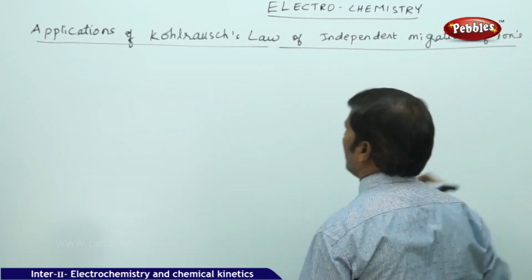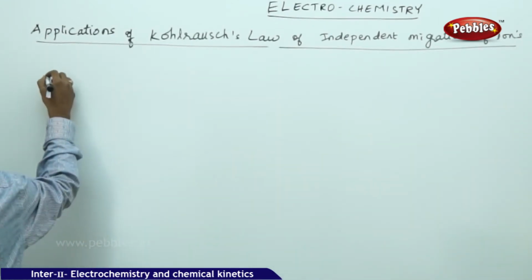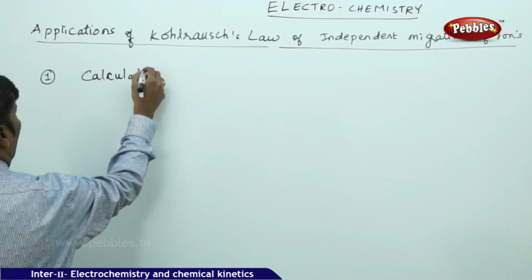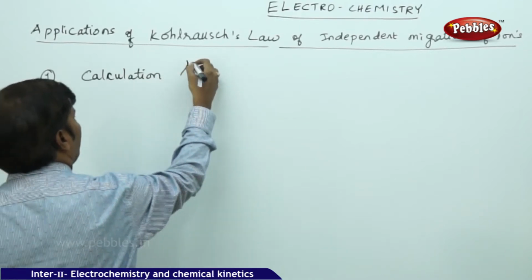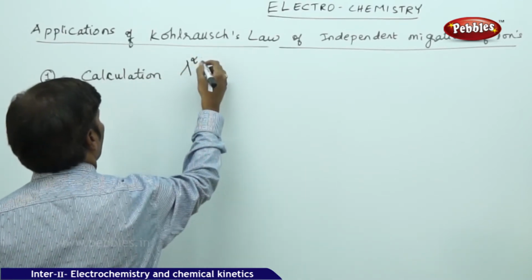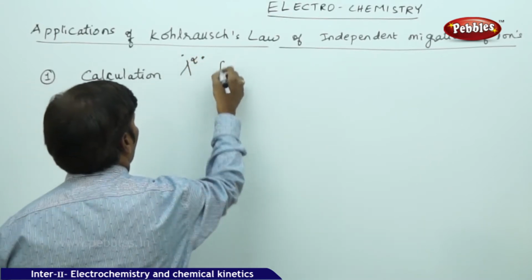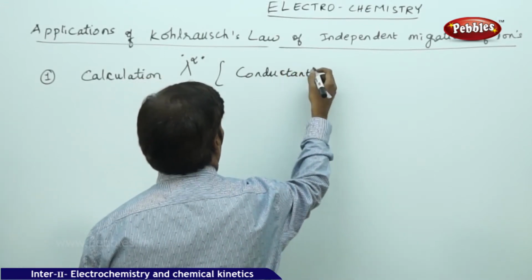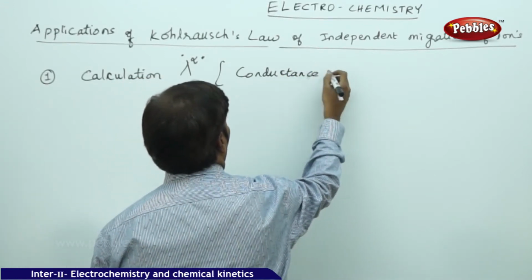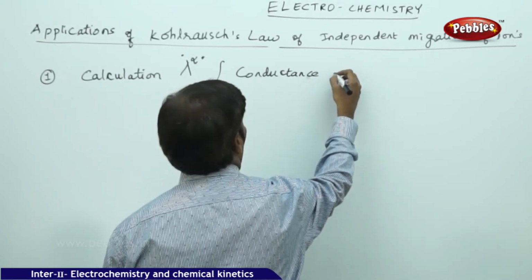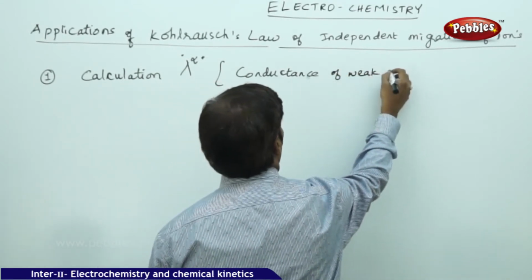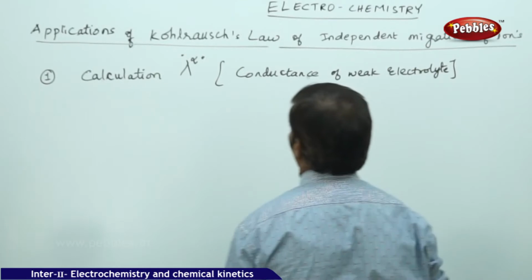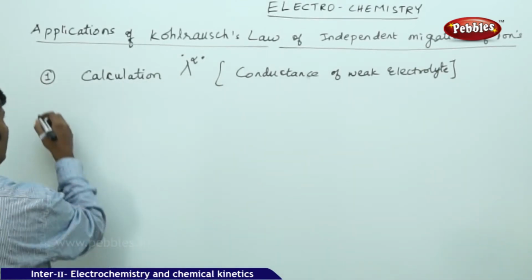Number 1 is the calculation of the equivalent conductance of a weak electrolyte at infinite dilution. This is the first application.